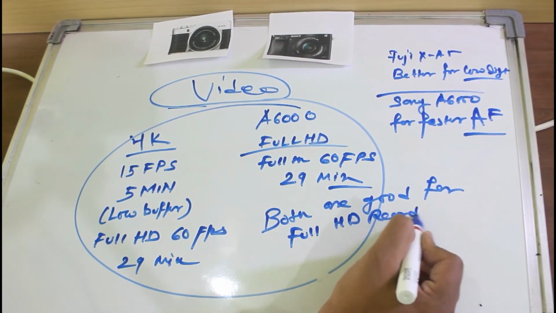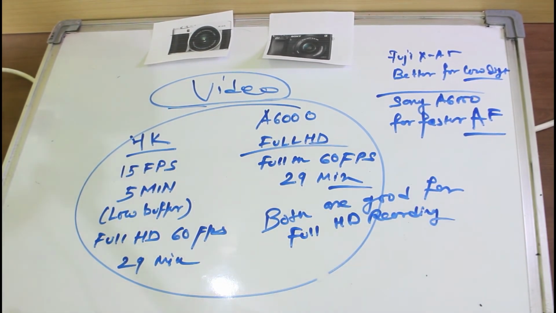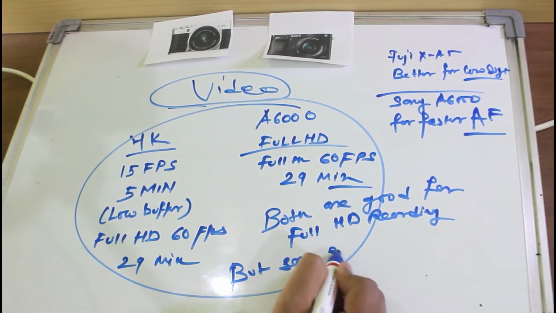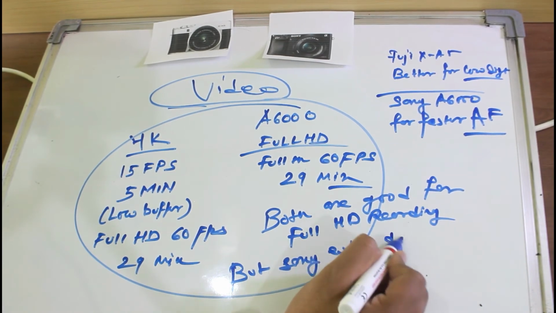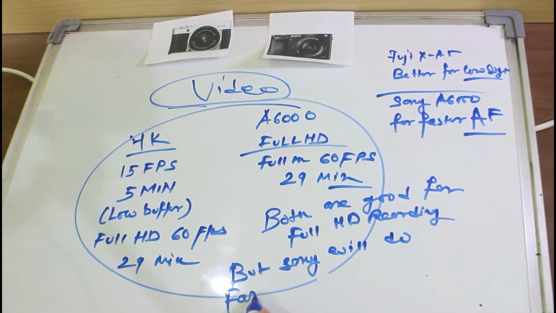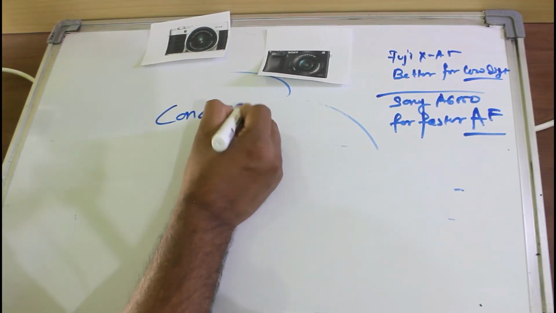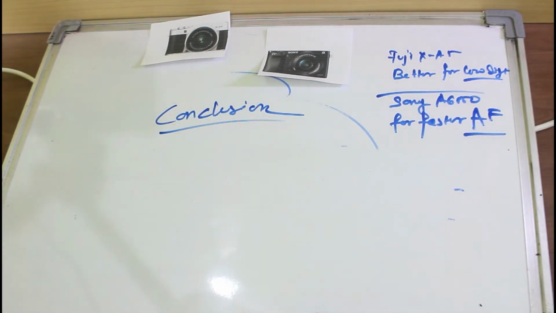We have seen lots of reviews related to the A6000 camera, and the A6000 autofocusing performance is just blazing fast in video. So if you are looking for a good video camera, then go for the Sony A6000, since it is going to do better AF during full HD video recording. And if you want to get a 4K camera, then get a Panasonic G7 instead of these two cameras.